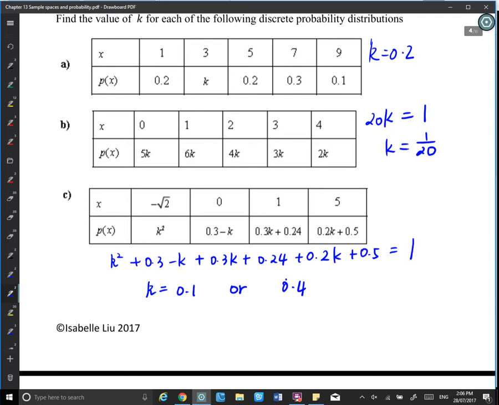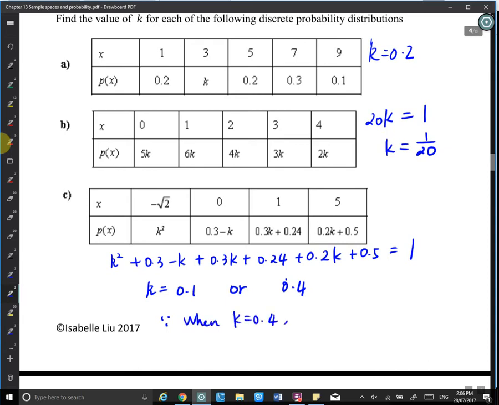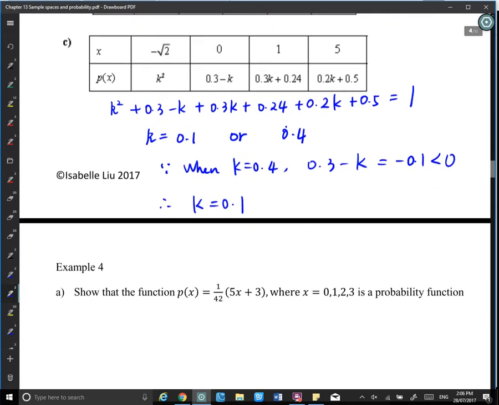That is not going to be the solution. Okay, you discuss your answer first because when K equals 0.4, 0.3 minus K equals negative 0.1, which is less than 0. So K will be only 0.1. You need to make a discussion.